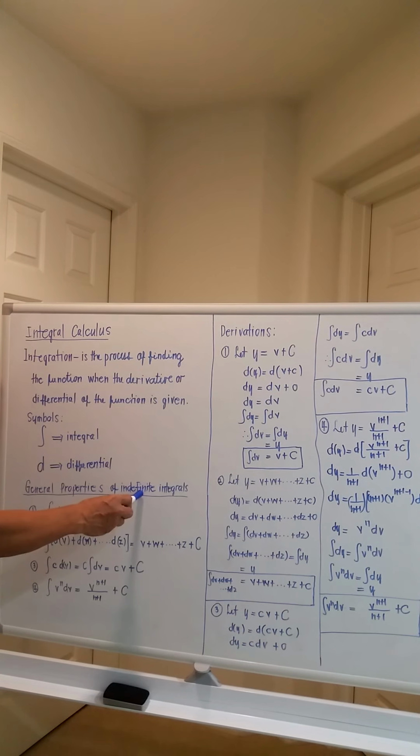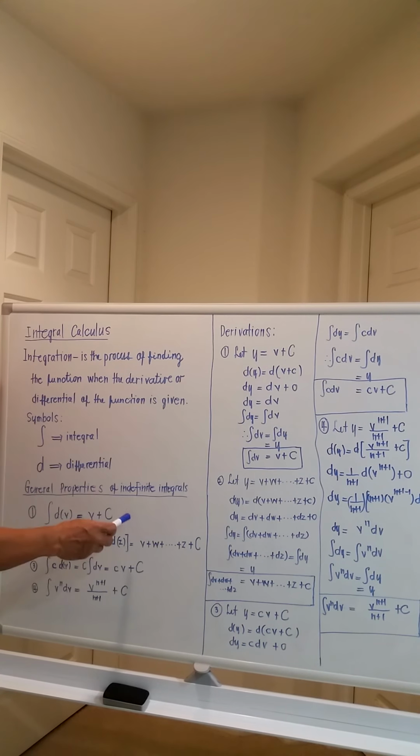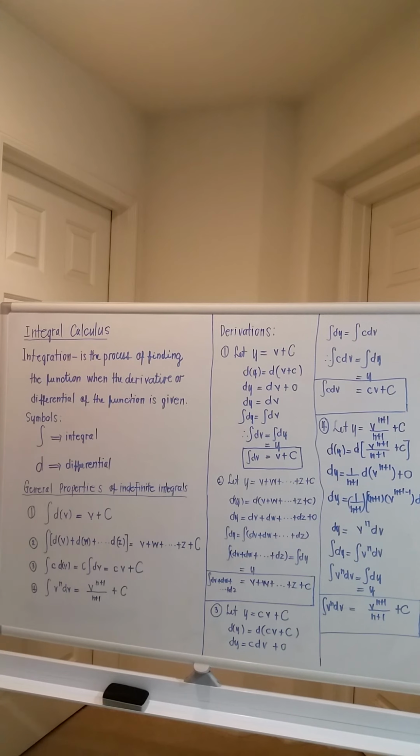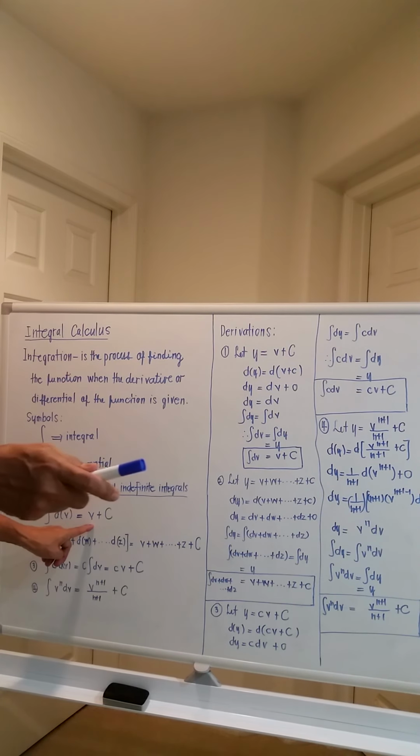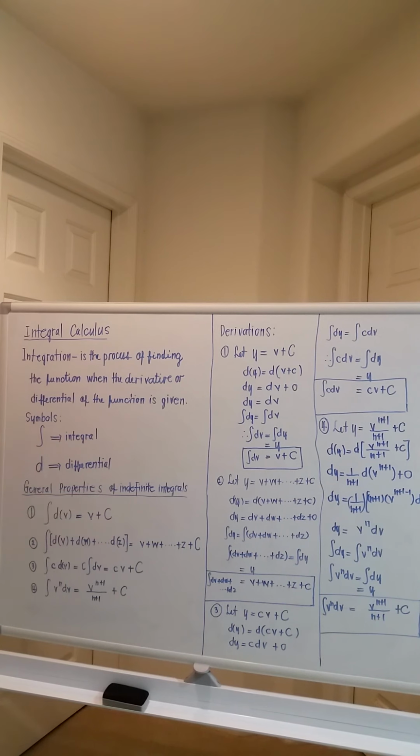It is indefinite integral. We are not given the value of plus C for the meantime, so it refers to indefinite integral. That's number one. The integral of the differential of any given function b is equal to that function b plus C. I will try to bring out the derivation of that, why this formula came out.